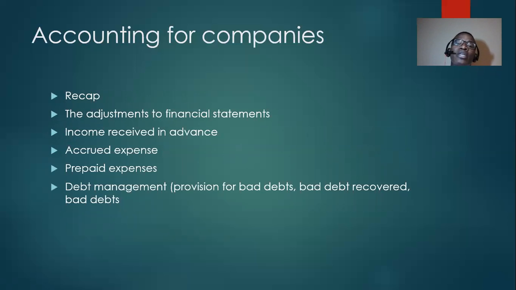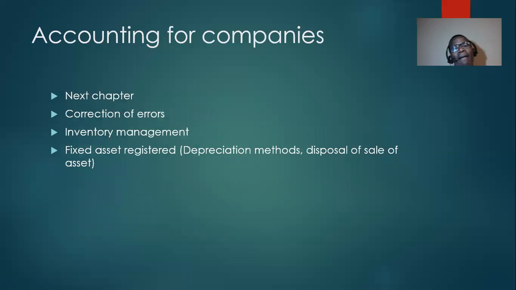These adjustments include income received in advance, accrued expenses, prepaid expenses, and your debt management, right? In the next chapter, we are going to cover correction of errors, inventory management, and in detail the fixed asset register, which covers depreciation methods, disposal or sales of assets, etc.